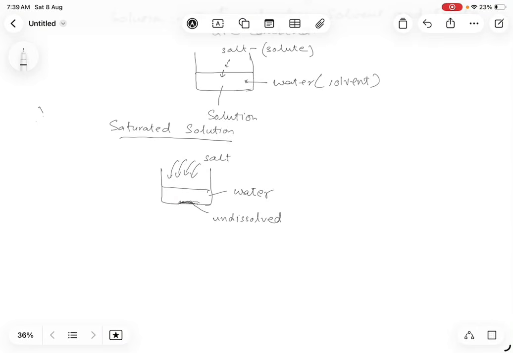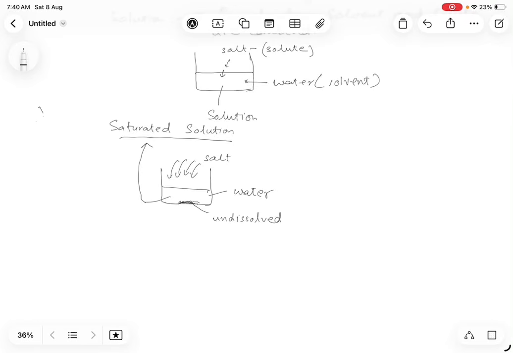Now we can say that this solution of salt and water is a saturated solution, because you have added too much salt and the water cannot absorb more salt.